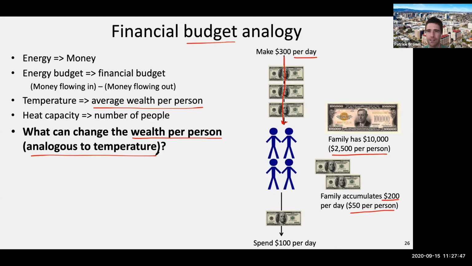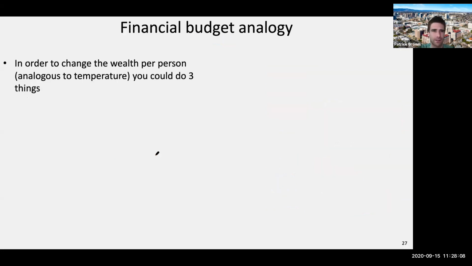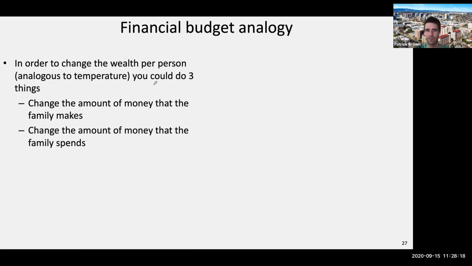We can change our 2 flow rates, or change the number of people. So in order to change the wealth per person, you could do 3 things. You can change the amount of money the family makes, the income. You can change how much they spend, the expenditure. Or you can change the number of people in the family.